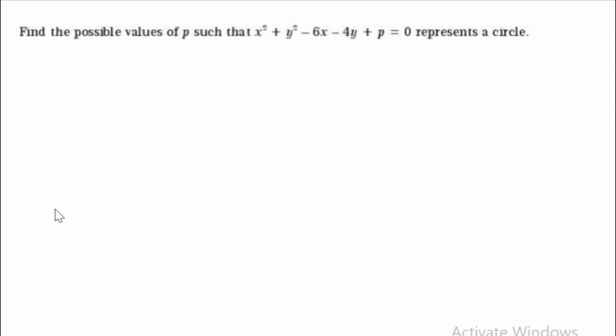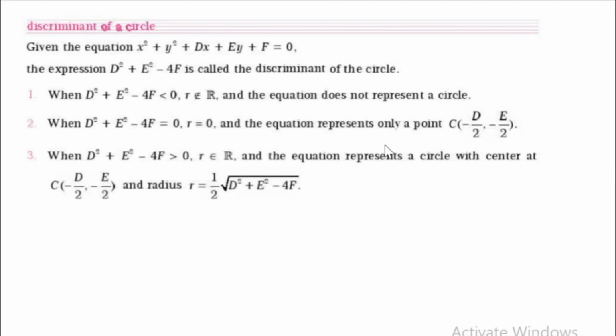To represent a circle, the discriminant must be positive. We are using property number 3, which states that the equation represents a circle. So the discriminant must be greater than 0.